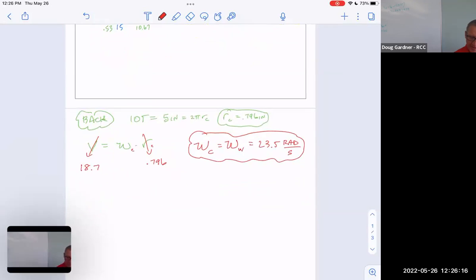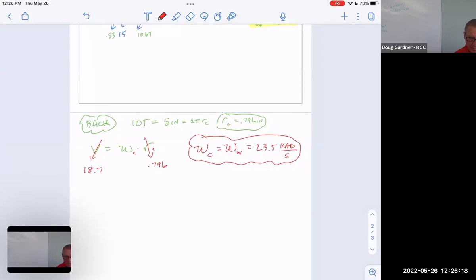Well, what if I want to know how fast now the rear wheel is going down the road? Well, let's go back to the same exact calculation. I have V equals omega times R, except for now I'm talking about the radius of the rear wheel, the angular velocity of the rear wheel, and the linear velocity of the rear wheel. Again, this is why the conversion is so cool.